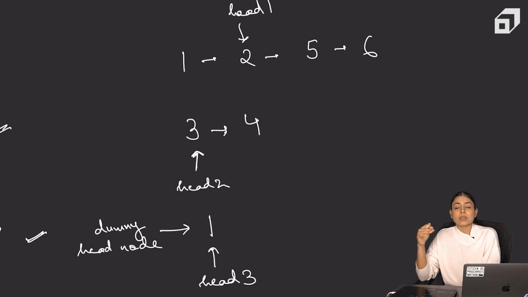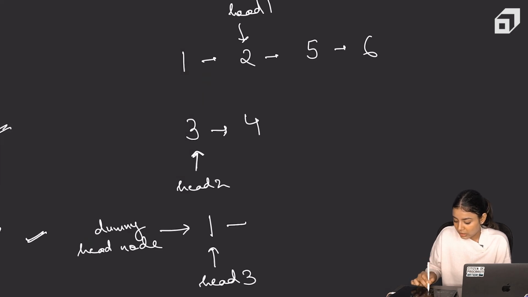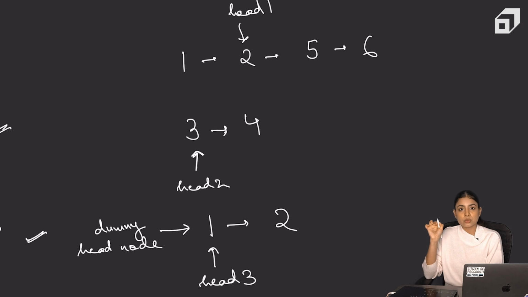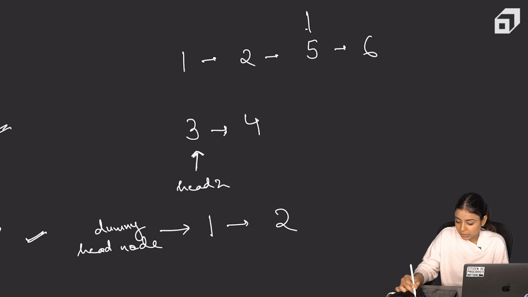Now again I need to find the second smallest number that will come in my linked list. So again, the second smallest number either would be at head 1 or head 2, right? I compare these two values, 2 and 3, and I know that head 1 is pointing to the smaller number. So in front of head 3, I put 2. And again I'm shifting my pointers.